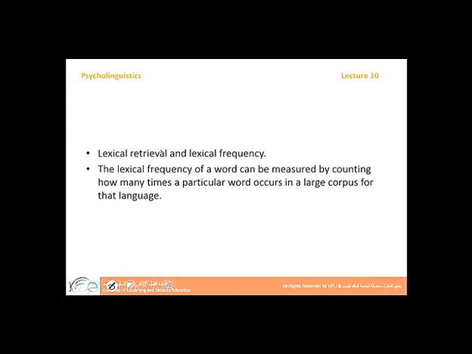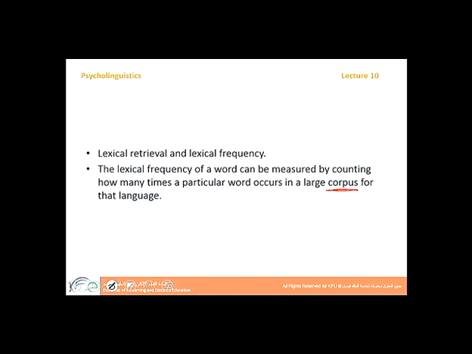One might ask, how do we measure the frequency of lexical items? We have something that is called a corpus. A corpus is a large sample of the language. We have the British National Corpus, for example, which contains around 450 million English words or English texts.